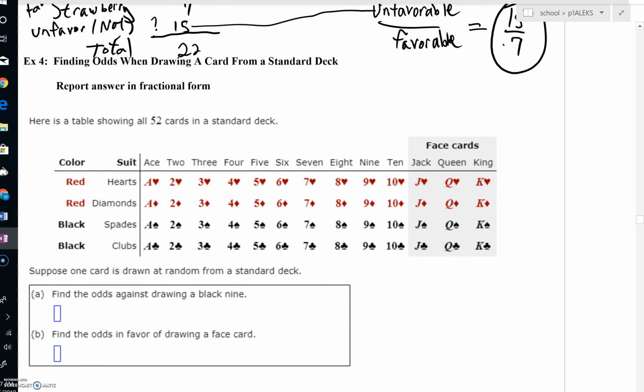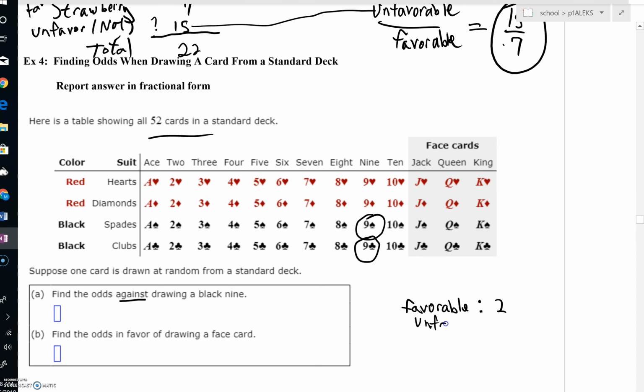Okay, so finally, find the odds in regard to drawing a card. So let's just look here. We've got 52 cards in our deck. It says find the odds against drawing a black 9. So we can say that a favorable outcome here would be either this 9 of spades or the 9 of clubs. So I'm going to say that's 2.